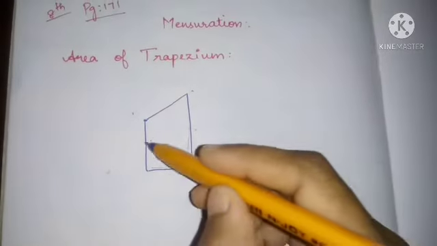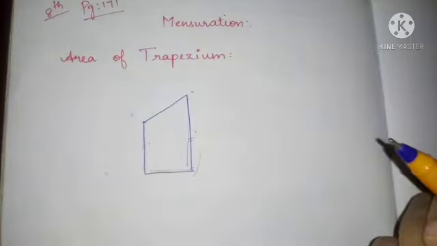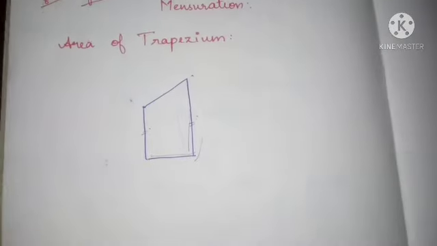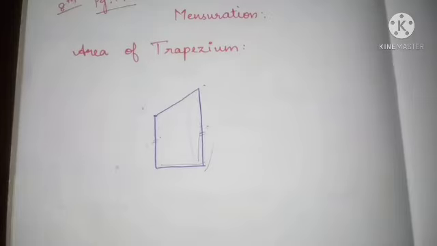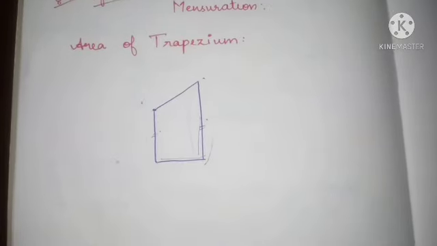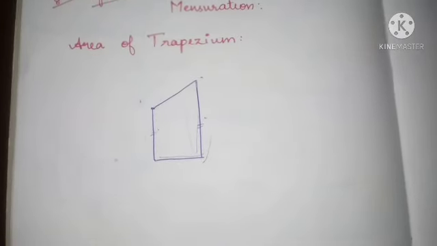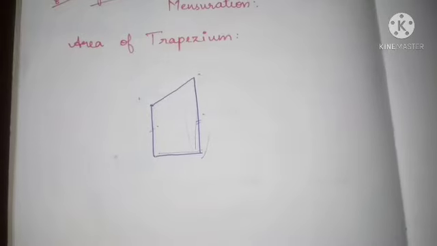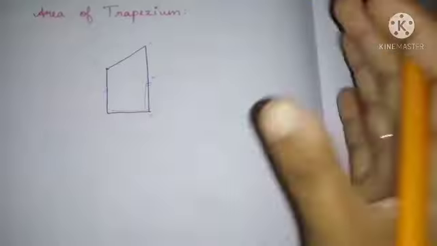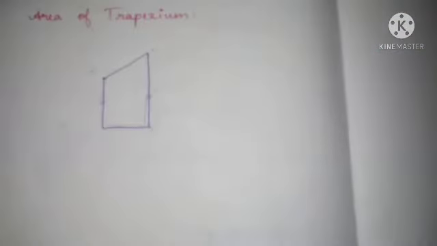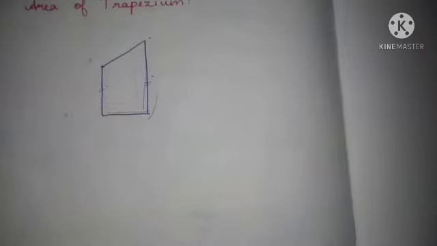Okay, so this side and this side are parallel to each other. So this is how this trapezium will look like. Okay, so now we are going to derive the formula for that trapezium. I am going to teach you what is given in the textbook, which will be very helpful when you read those points.